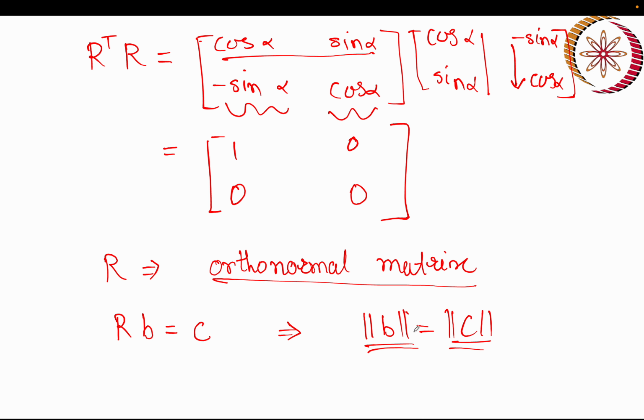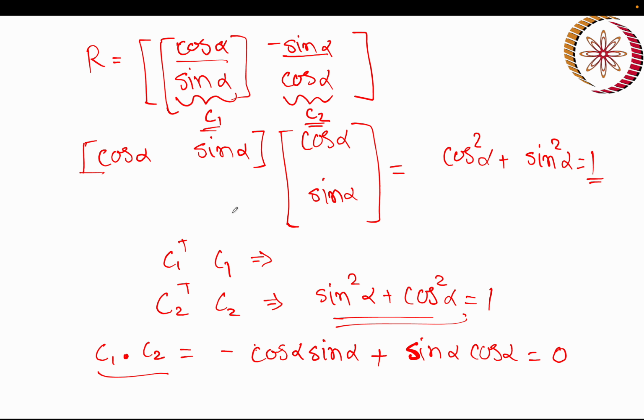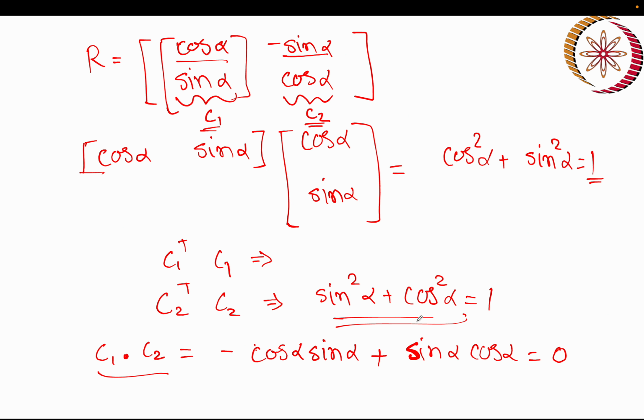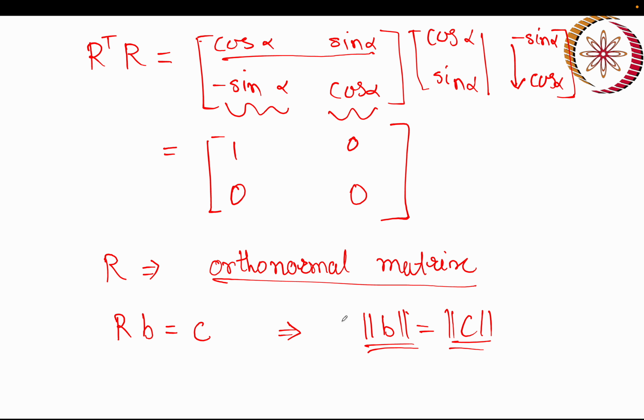So in case of an orthonormal matrix, the magnitude will not change, only the direction of the vector will change. Okay, so we saw what the householder matrix is, this one. And one more point I wanted to make was, if we have an orthonormal matrix, the magnitude will be the same.